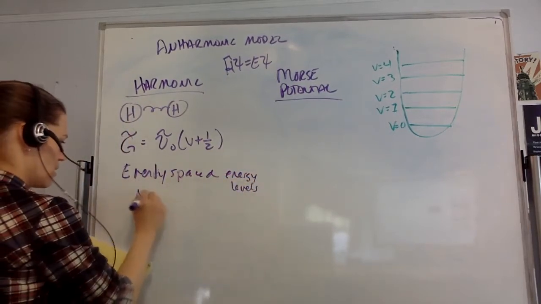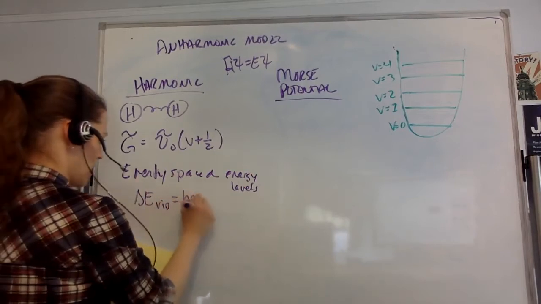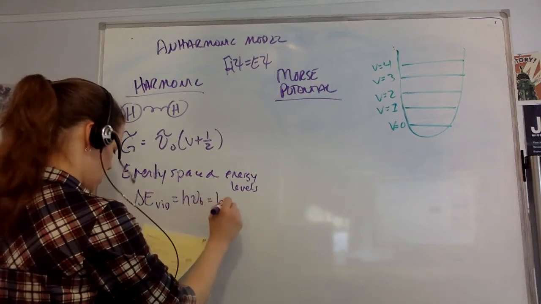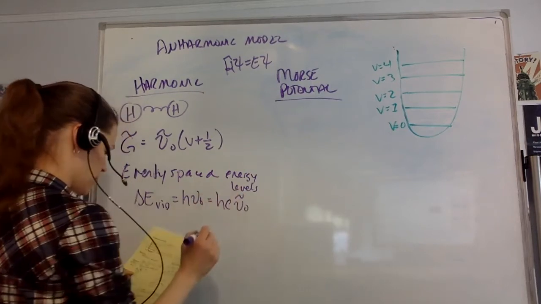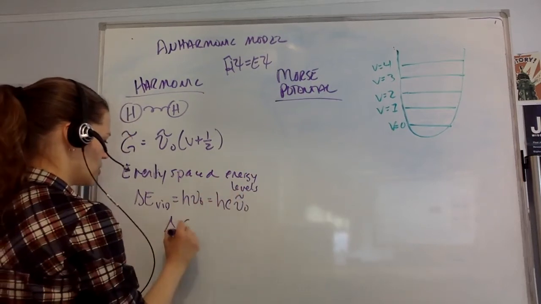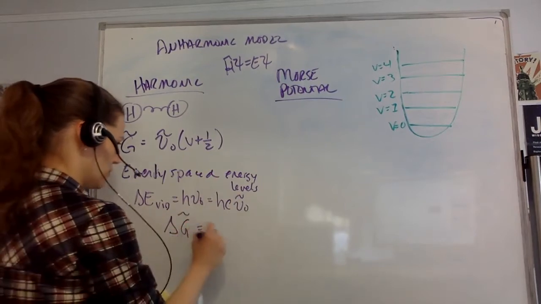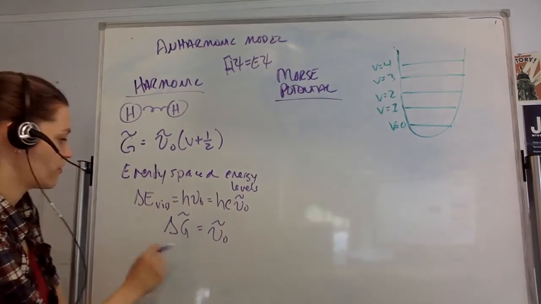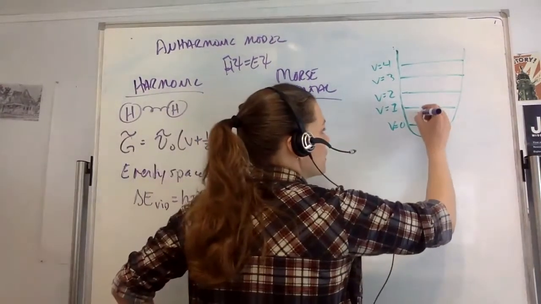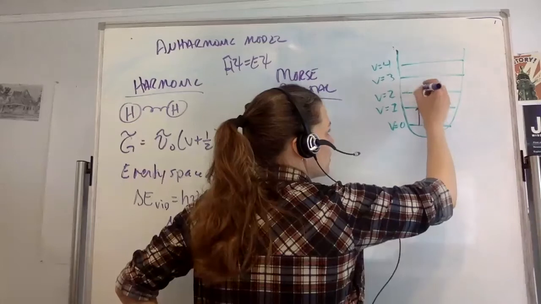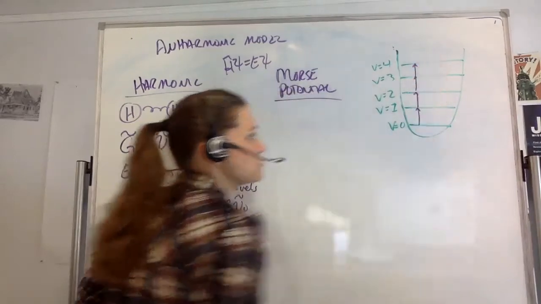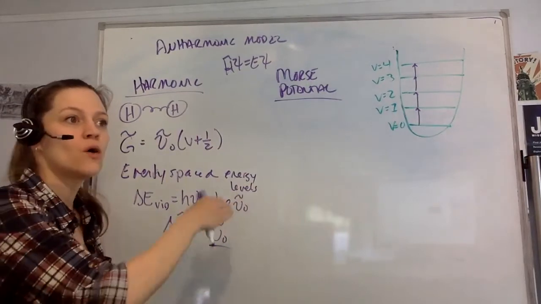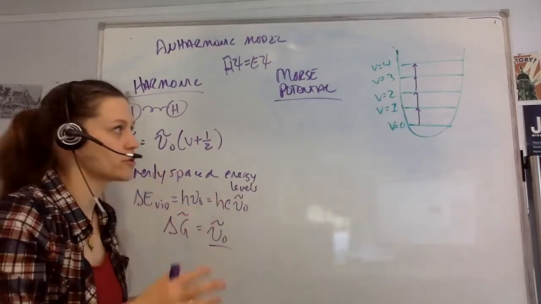And delta E of the vibration is equal to h nu 0, which is equal to h c ν0, and then your delta G is equal to ν0. So the spacing between each one of these is going to be ν0. And that's the fundamental frequency that you see when you're looking at IR spectra.